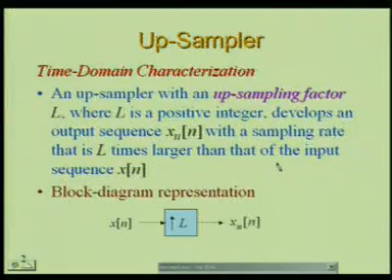Let x[n] be the input sequence, the notation used to represent the input digital sequence. Output is x_u[n], the upsampled version of the input sequence x[n]. The upward arrow mark represents upsampling business, L is the integer factor.